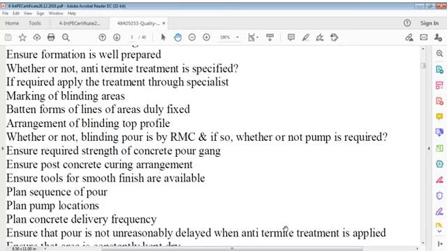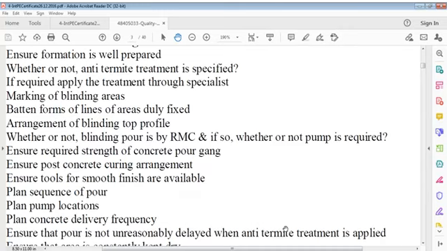You have to put some battens for the sides, maybe 3 inches by 2 inches section timber, or some other arrangement. Arrangement of blinding top profile is important. Profile means to what level you have to put some marks before concreting, and you have to finish concrete at that level, the top of the blinding concrete.